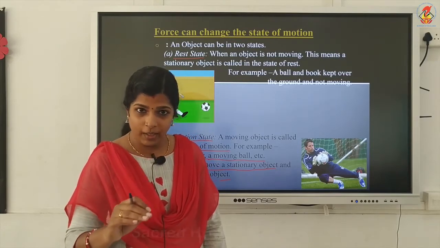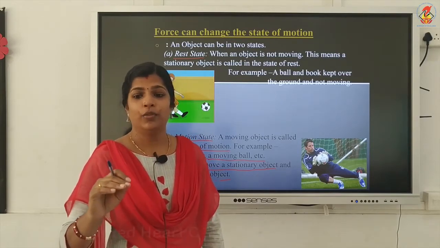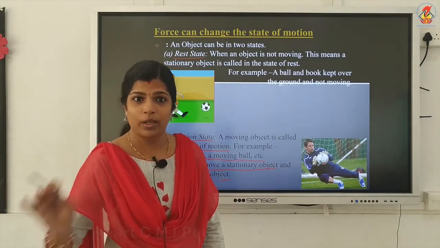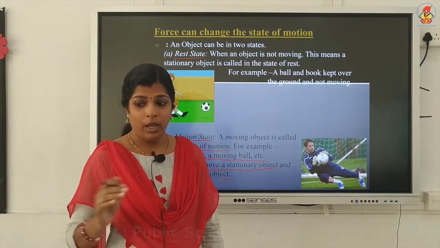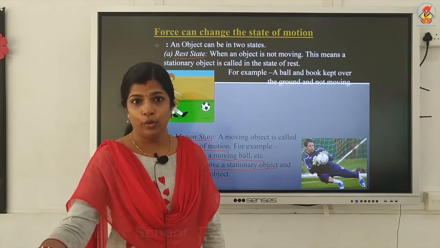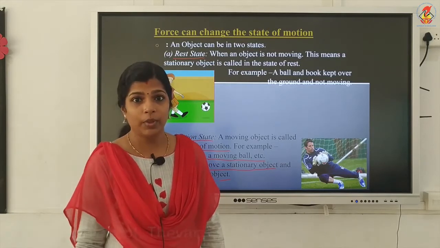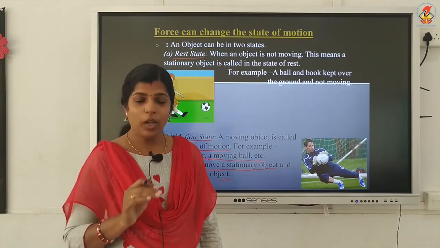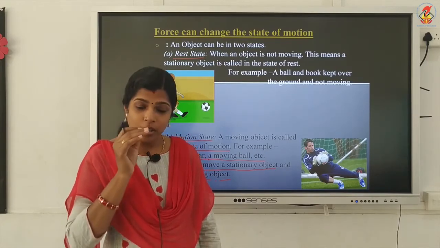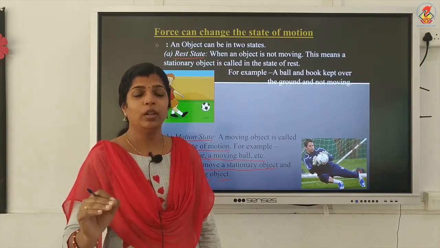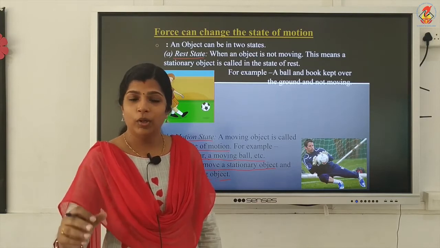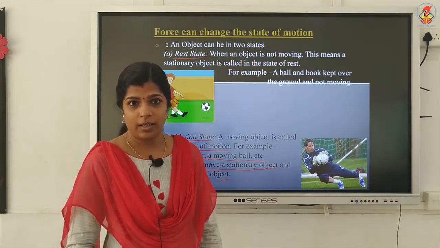Its speed will decrease or slow down, and finally the ball will come to rest.